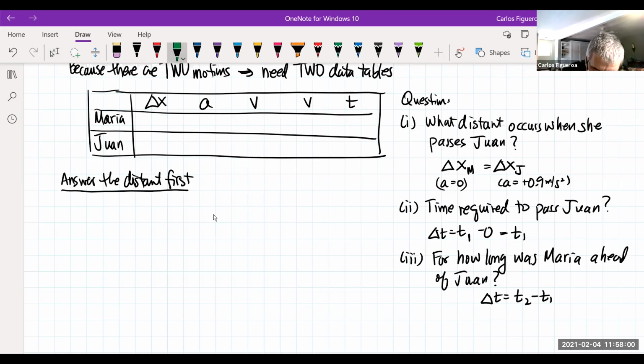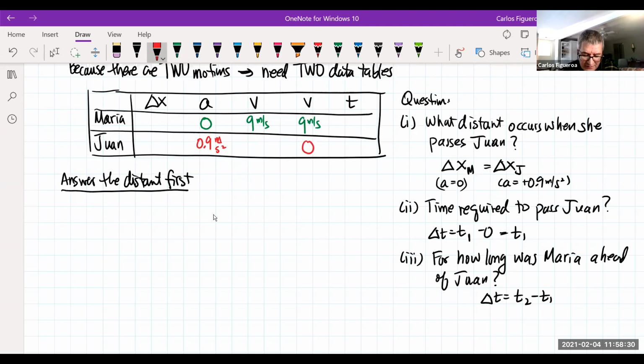Well, I know that for Maria, she has an acceleration of 0. I know for Juan, he has an acceleration of 0.9 meters per second squared. So what do I know about the initial speeds? Well, I know Maria is always traveling at 9 meters a second because she has 0 acceleration. Juan starts off at rest.